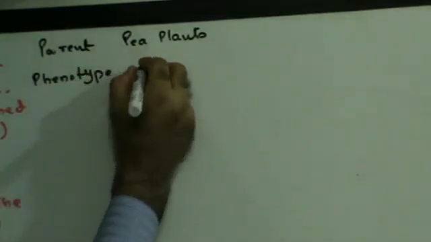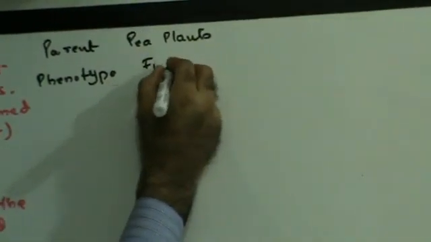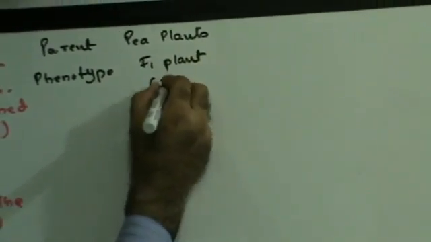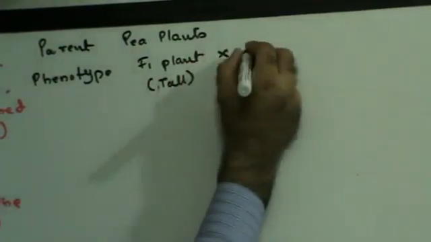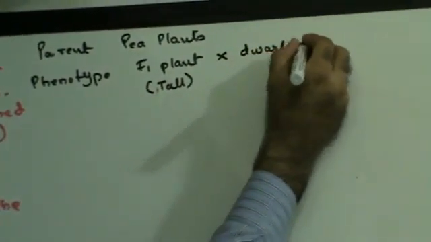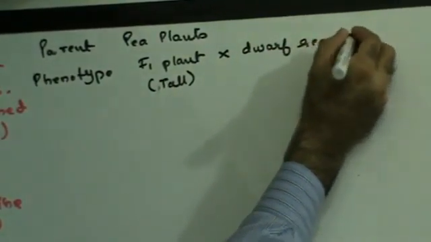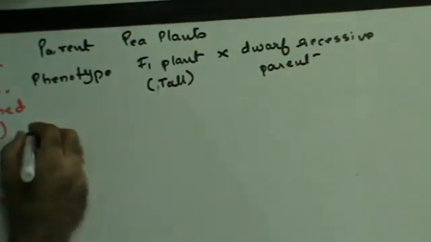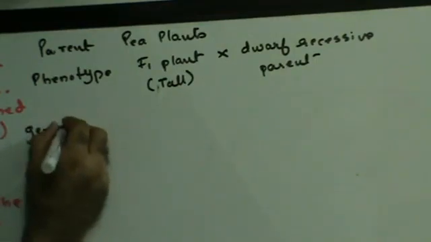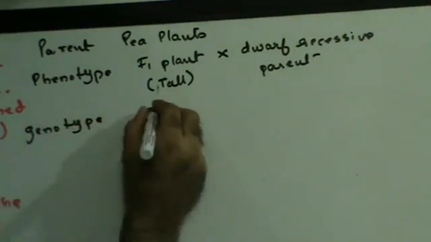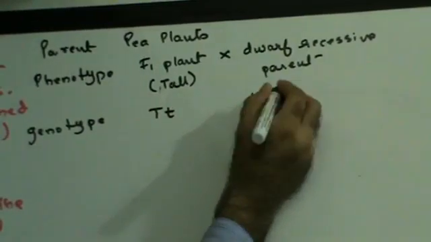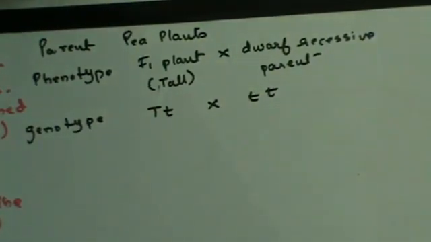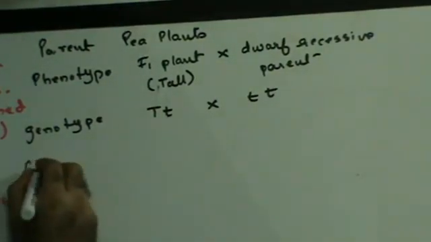The phenotype is F1 plant, tall, which I'm going to cross with dwarf recessive parent, right? The genotype: tall, Tt, dwarf, tt, right? This will give me gametes.